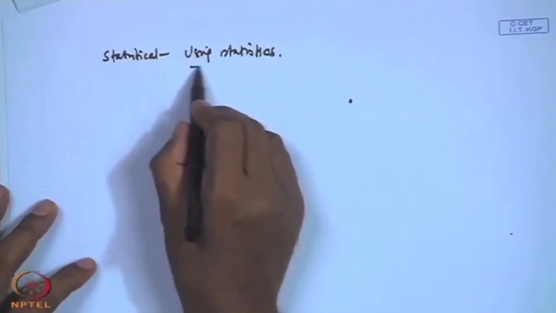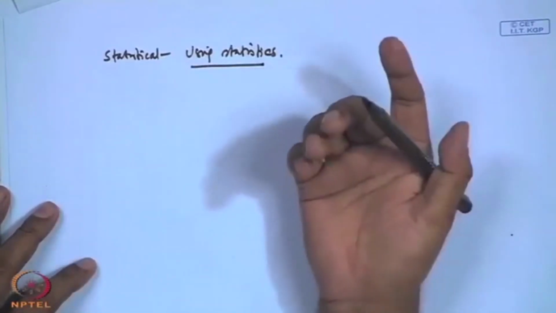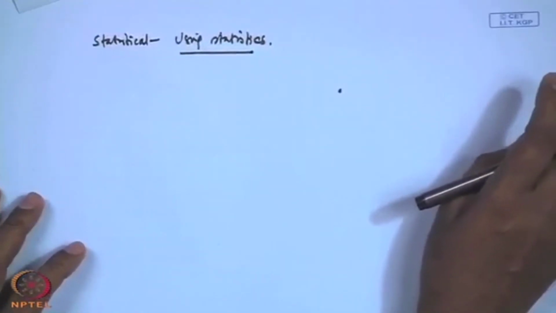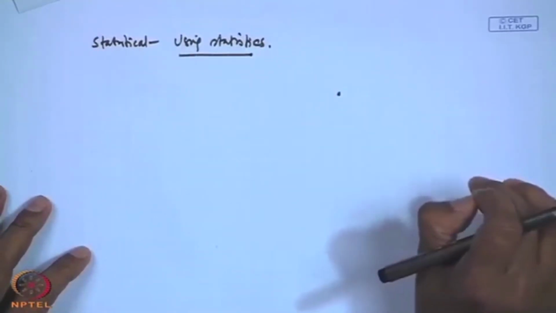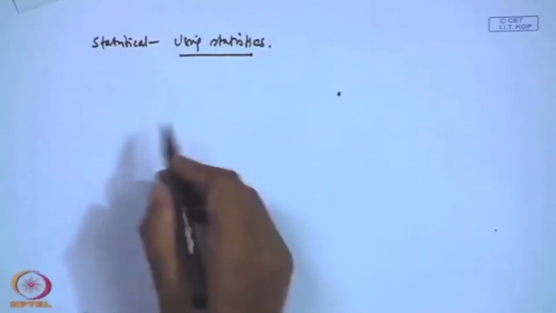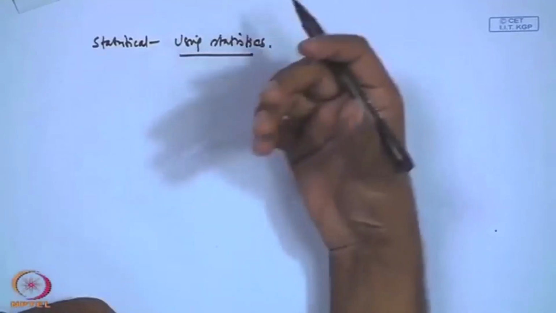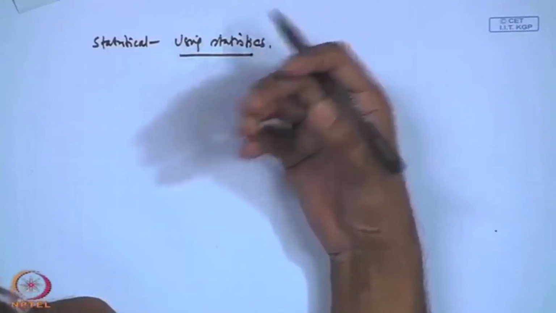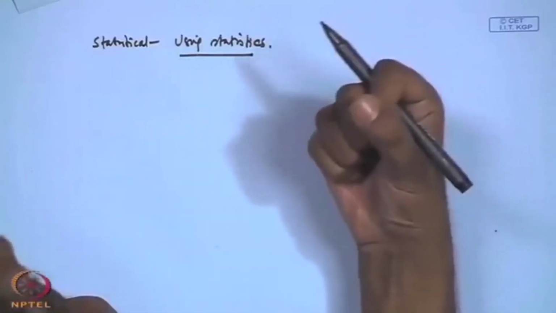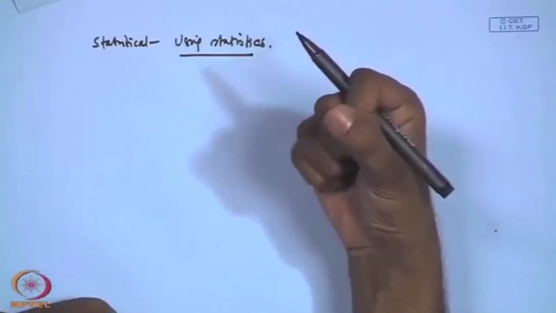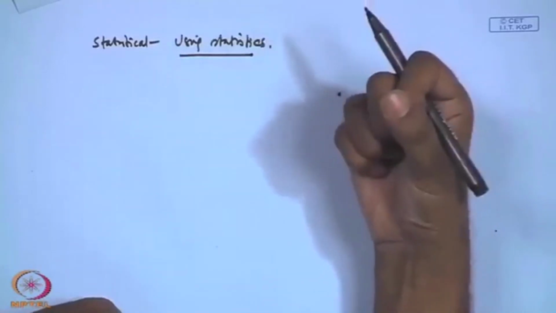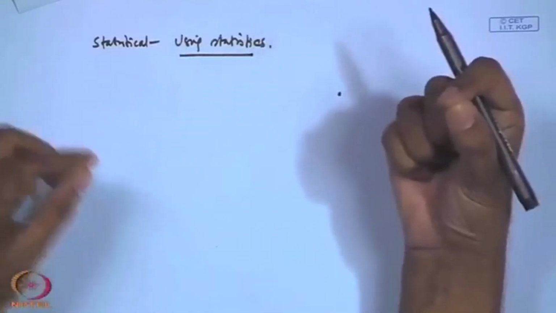Whatever you are developing using statistical tools and techniques, that development is statistical development. Now, what is statistics? If I say that statistics is nothing but collecting, then organizing, then analyzing, representing, and interpreting.